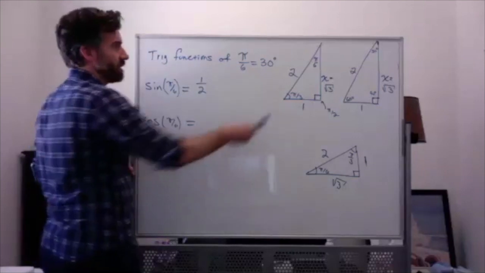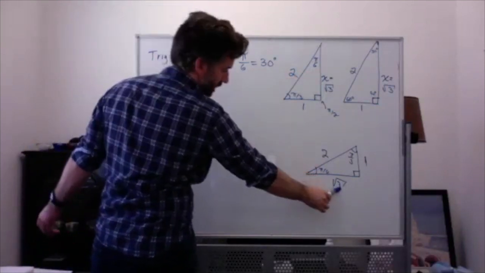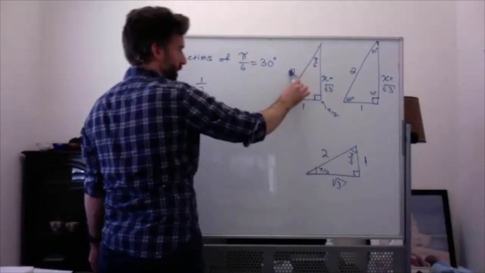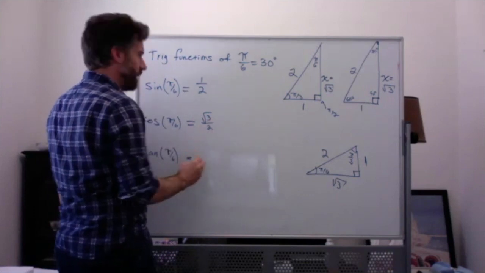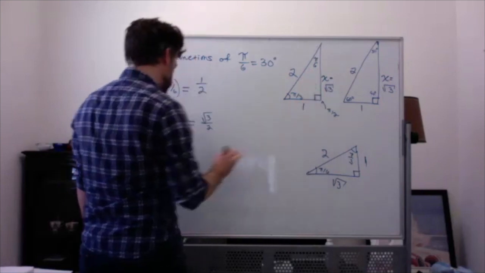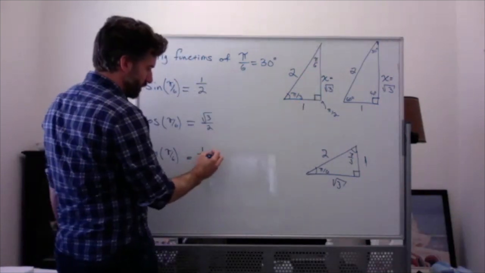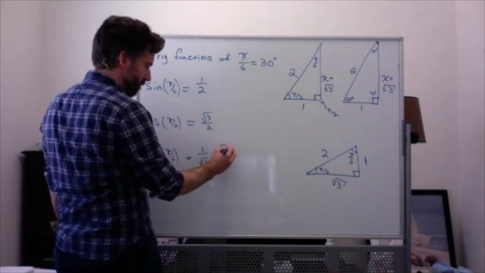Cosine of pi over 6, again looking at this angle, is the adjacent over the hypotenuse, which is the square root of 3 over 2. And tangent of pi over 6 is the opposite over the adjacent, which is 1 over the square root of 3. Which rationalizes, if I multiply by square root of 3 over square root of 3, to the square root of 3 over 3.